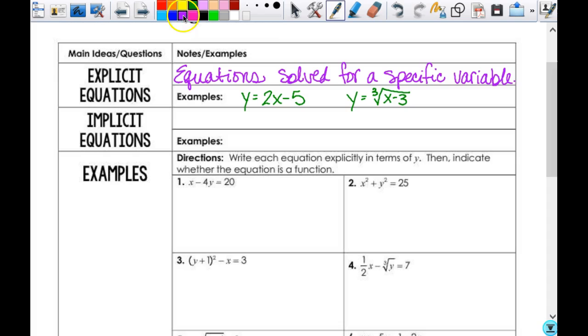Implicit equations is just the opposite of that. So these are equations not solved for a specific variable.